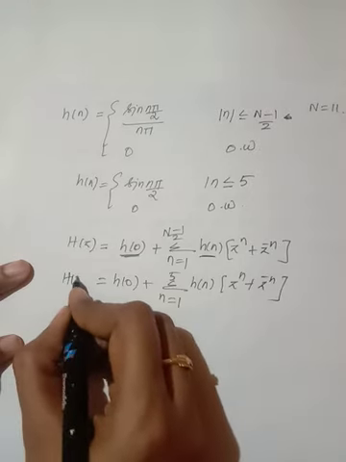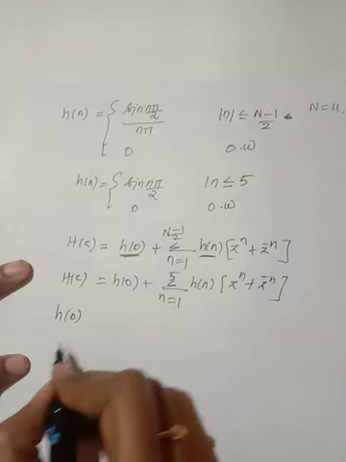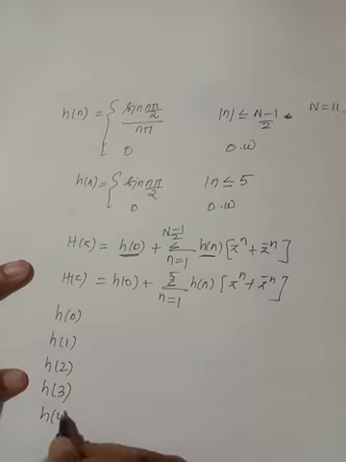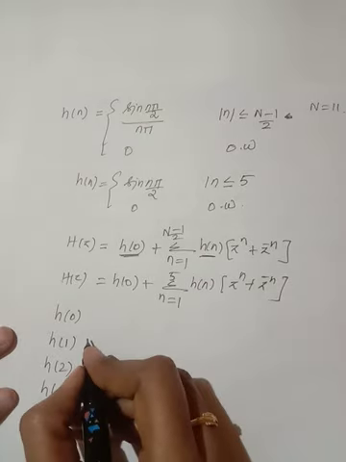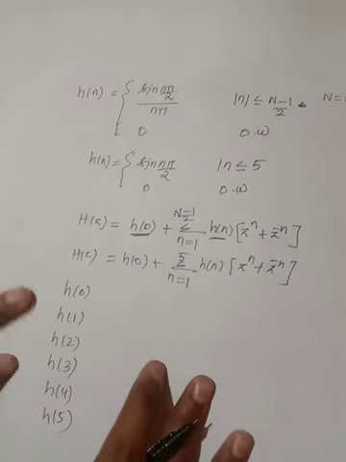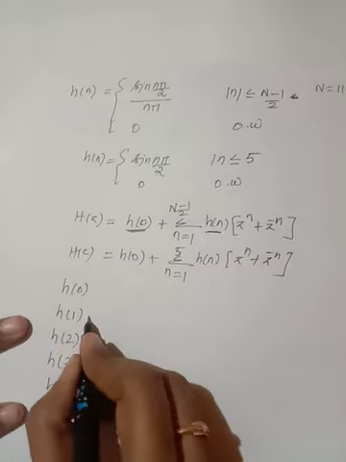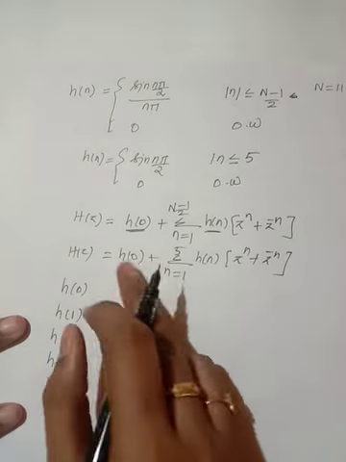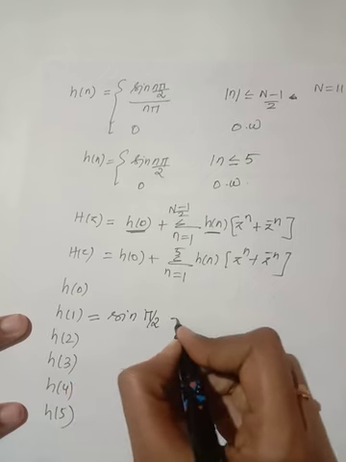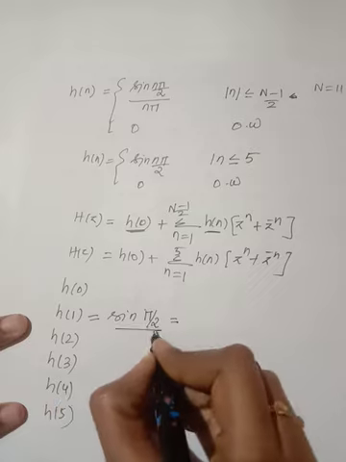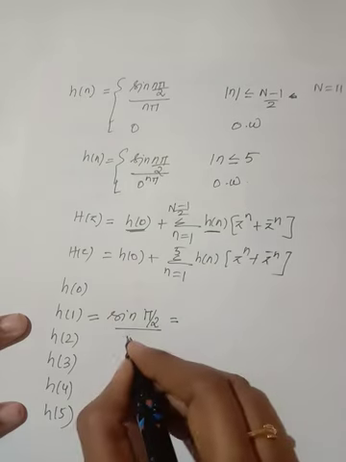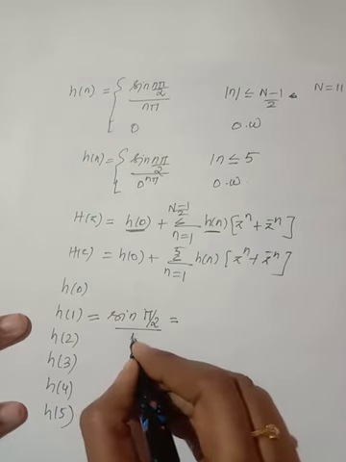Now I am going to find h of 0, h of 1, h of 2, h of 3, h of 4 and h of 5. First I will find h of 5 and then h of 0. I will explain the reason. First, h of 1: sine 1 pi by 2 divided by pi.